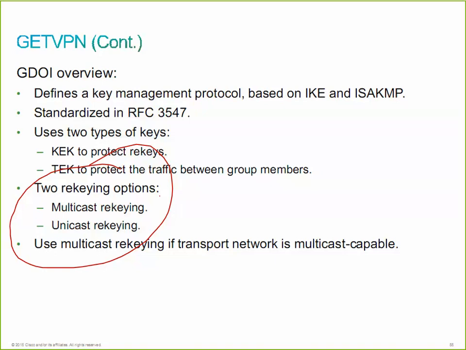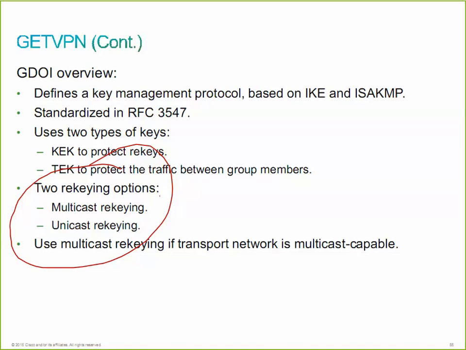If your enterprise network is multicast capable, it is actually recommended that you use the multicast rekeying method, which is a much more scalable and much less memory and process intensive mechanism. All right. There are a couple of guidelines that I guess I should recommend with regard to rekeying.